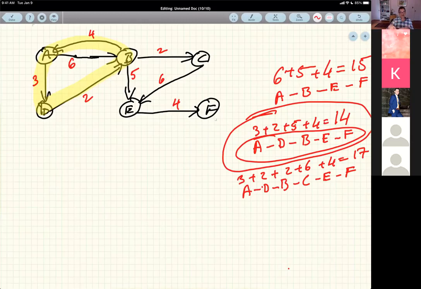Okay, there are algorithms that we're going to look at that will actually tell us how the GPS finds the path for you to go from point A to point F, because it clearly has to visit all of these three paths in order to find out which one is the shortest one to recommend to you. And GPS is doing it based on how much time it's going to take you, because clearly the distance between A and F is constant.